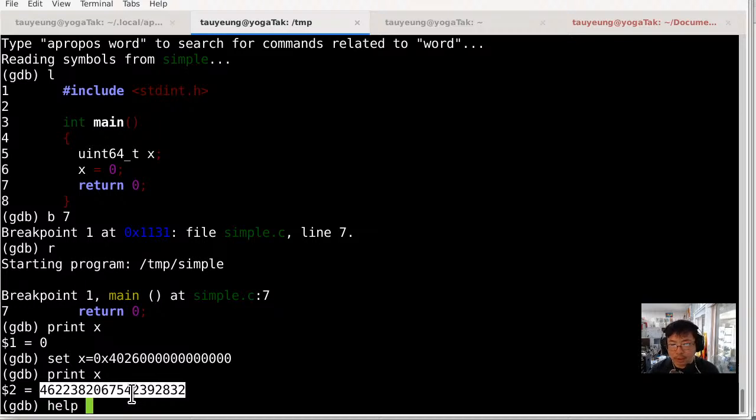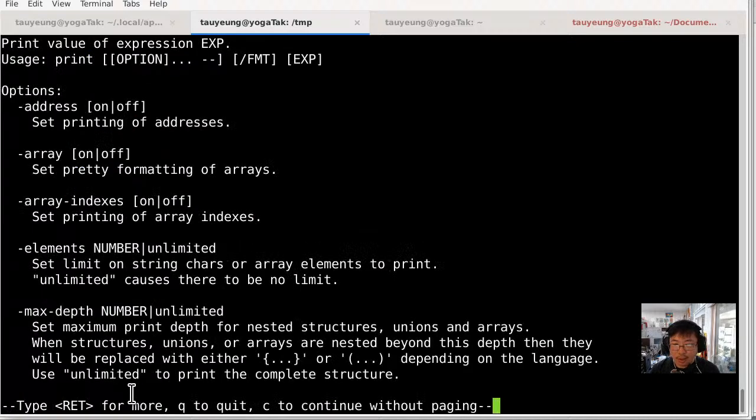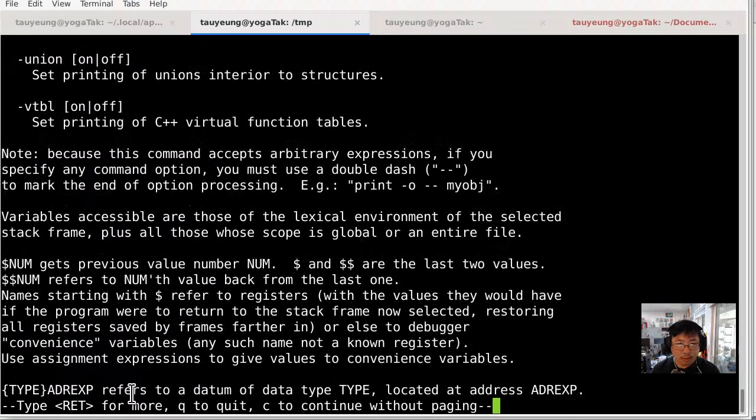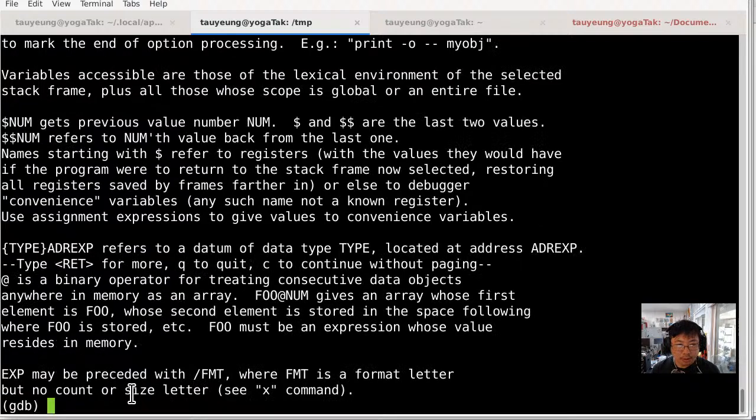So in GDB, you can always type help. You can find out how to format print, like in this case. So let's keep going. And you can specify the formatting, which is FMT, the last portion of this help here.